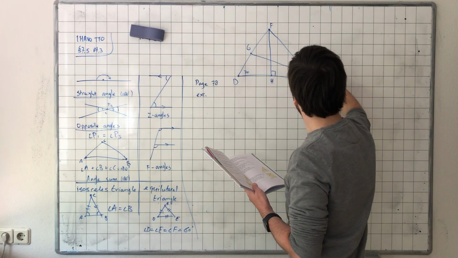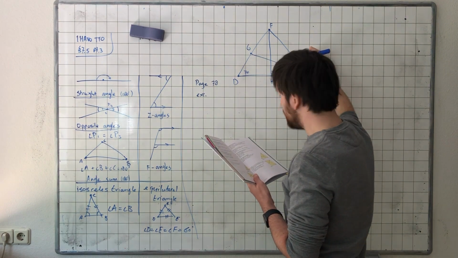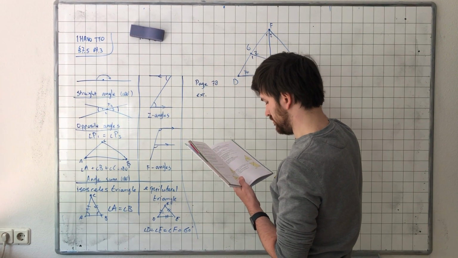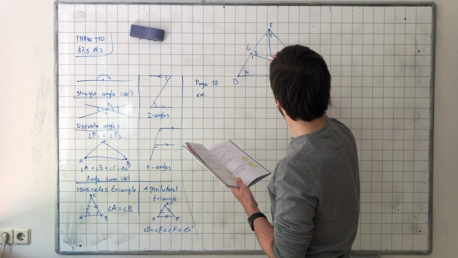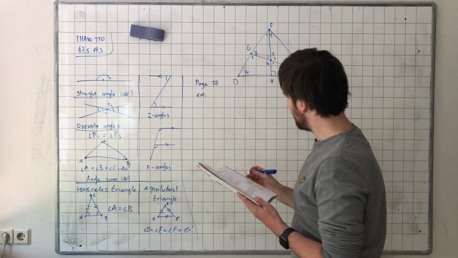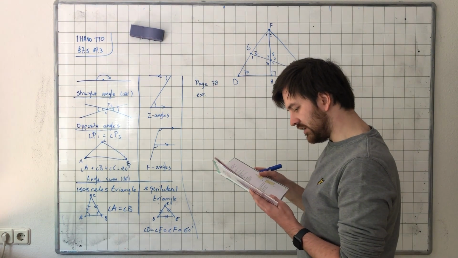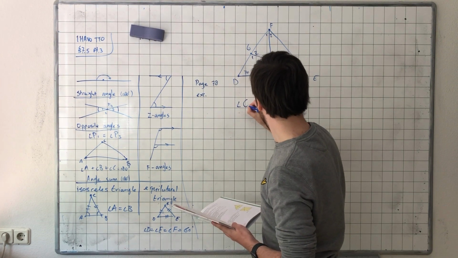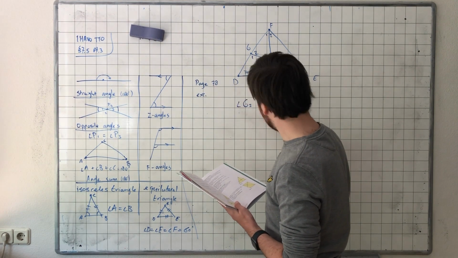This one is 25 degrees. This is F1, F2, G1, G2, 1, 2, 3, and 4. This point is called S. And we want to calculate G2. And we want to calculate S4.